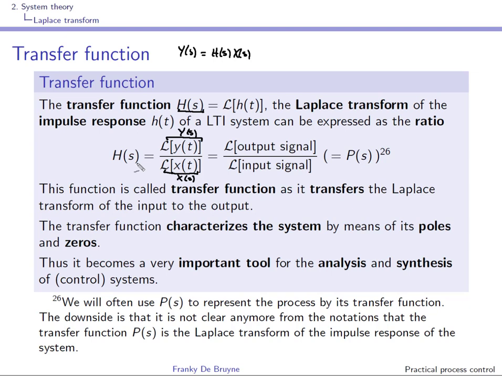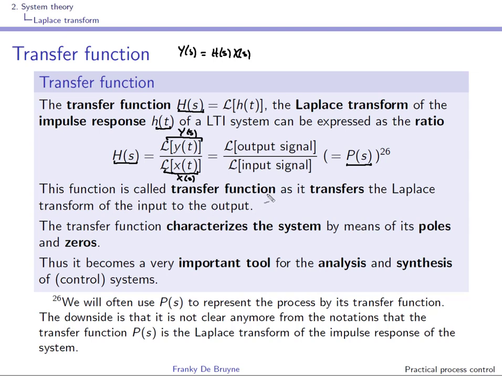So very often I will now use the acronym P(s) to tell you that it is the process that we are considering for control. In the previous slides and in previous courses, I have insisted on H(s) to tell you that it is the Laplace transform of the impulse response.